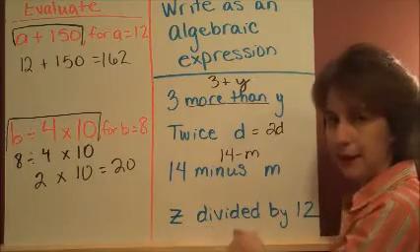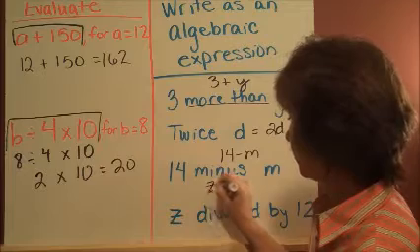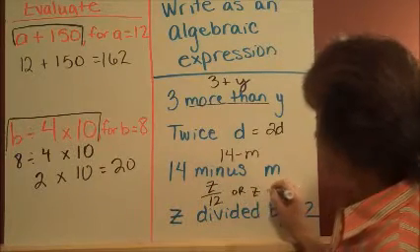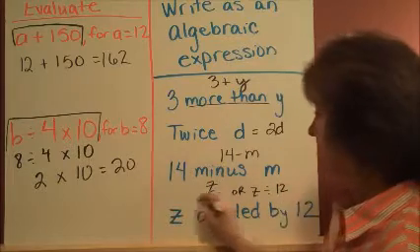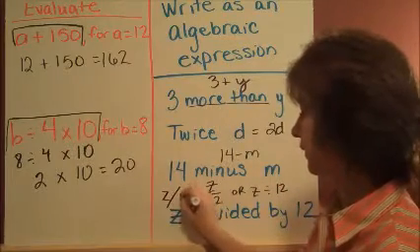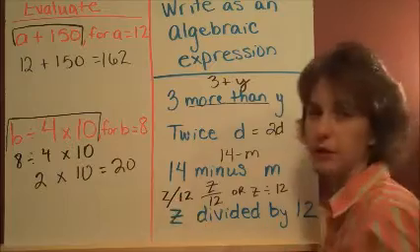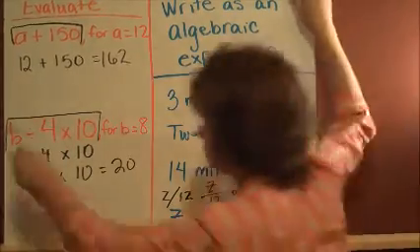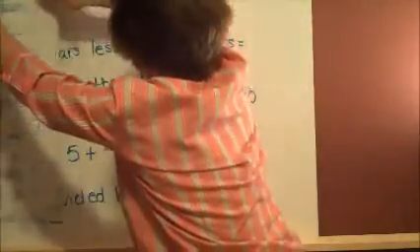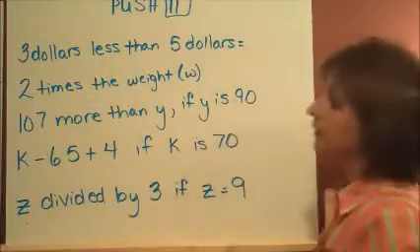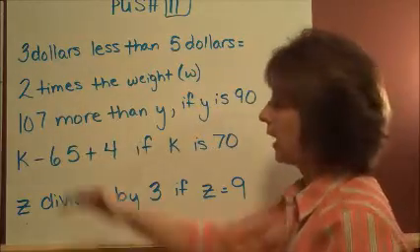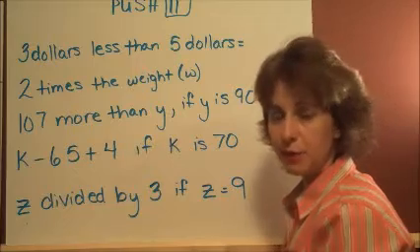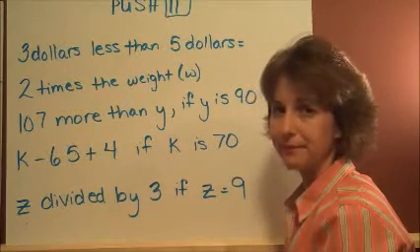And z divided by 12 is z divided by 12. Sometimes on a calculator it looks like this because that's your division sign. So, it's time to push pause, read each of these, write an expression, and solve it if you can.